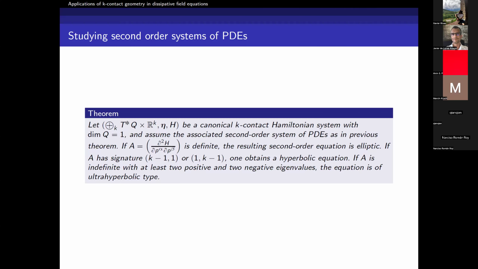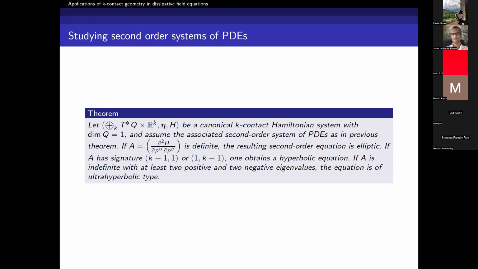One of them is to describe these PDEs as a system that comes from a k-contact Hamiltonian system on a canonical model with a certain Hamiltonian. This is what you are doing here, with a canonical structure eta that you have given before.